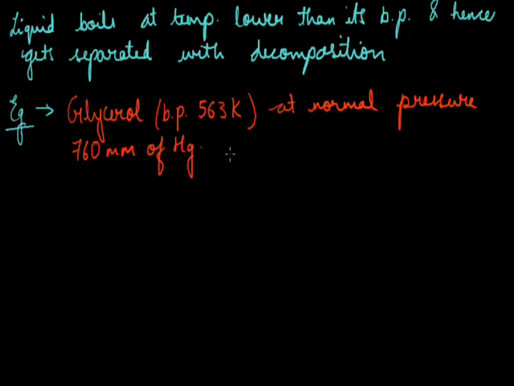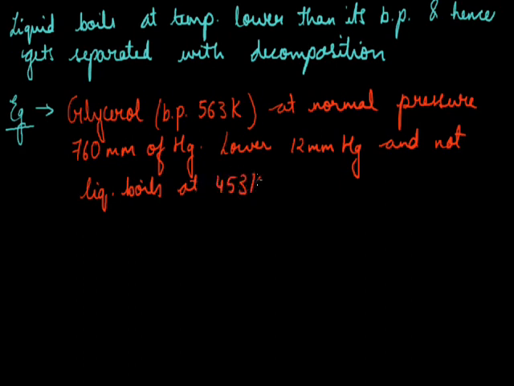But when glycerol is boiled at this temperature, it decomposes, and we will not get the glycerol, we will get the decomposed products. So to prevent this, we lower the pressure up to 12 mm Hg, and now the liquid boils at 453 Kelvin, and hence it will not be decomposed at this temperature, and we will be able to obtain it.